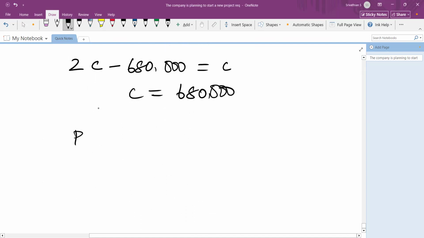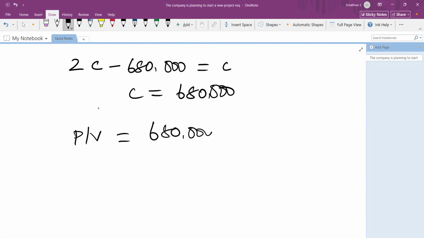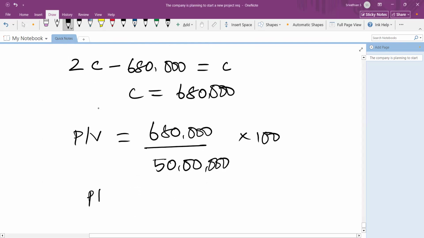PV ratio is equal to 6 lakh 80,000 divided by the sales of 50 lakhs, into 100. So 6 lakh 80,000 divided by 50 lakhs, we get 13.6 percentage. So the PV ratio is equal to 13.6 percentage.